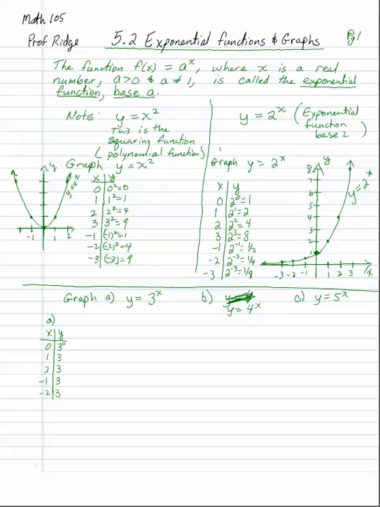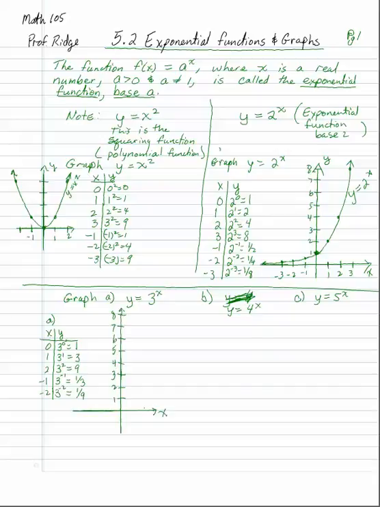So 3 to the 0, 3 to the 1, 3 squared, 3 to the negative 1, 3 to the negative 2. So we get 1. 3 to the 1 is 3. 3 squared is 9. 3 to the negative 1, remember, negative is reciprocal. 3 to the negative 2 is 1 over 3 squared, which is 1/9.